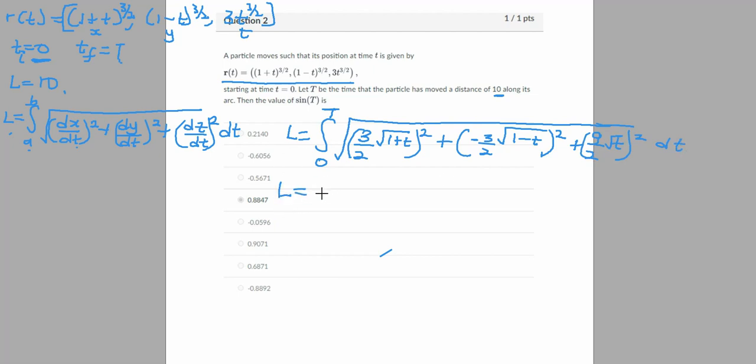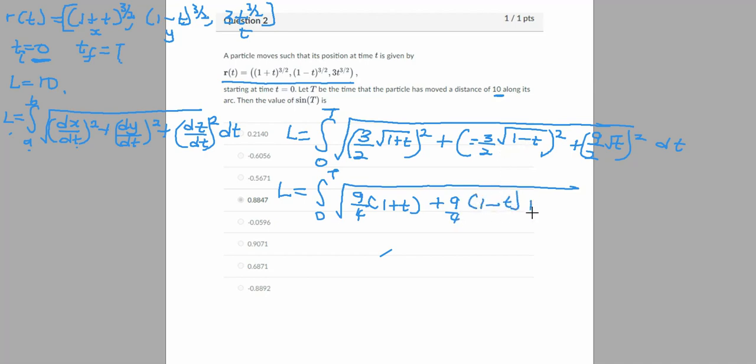Our L now becomes the integral from 0 to t, the square of 3 over 2 is 9 over 4. If we take the square root of this, that will be 1 plus t. Then minus 3 over 2 all squared will be 9 over 4 also, and that will be 1 minus t. Then plus 9 over 2 all squared is 81 over 4, and the square root of t squared is t, dt.